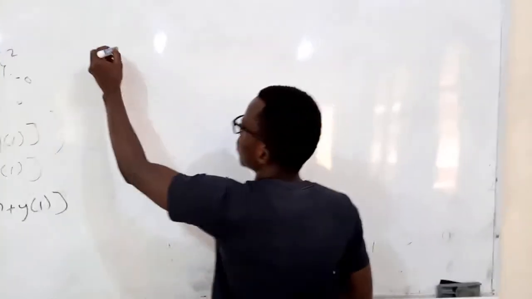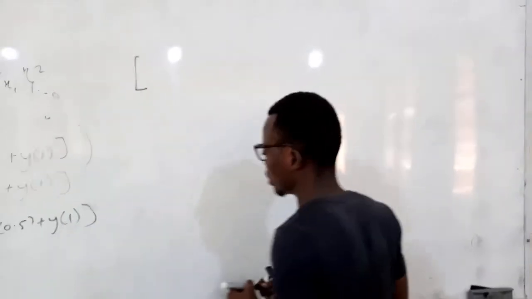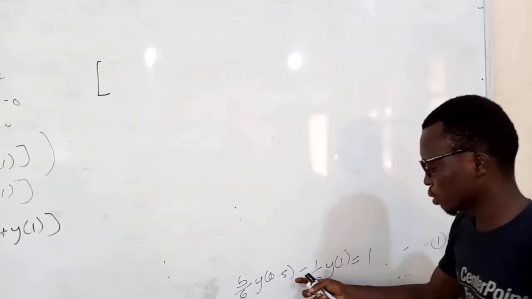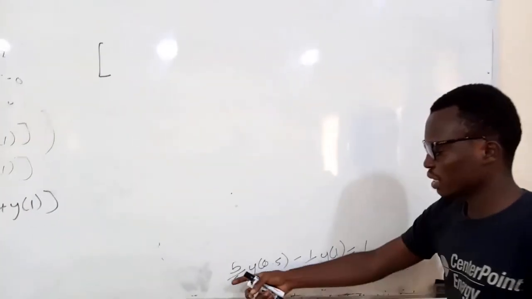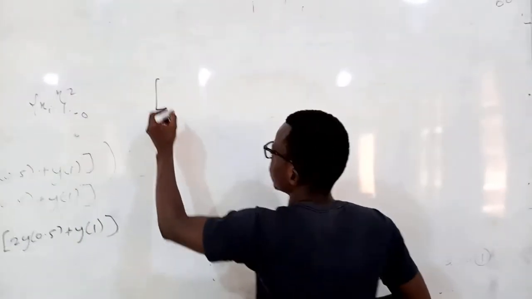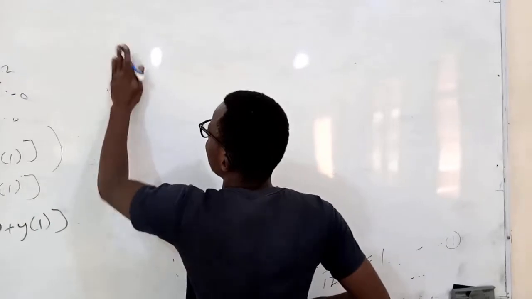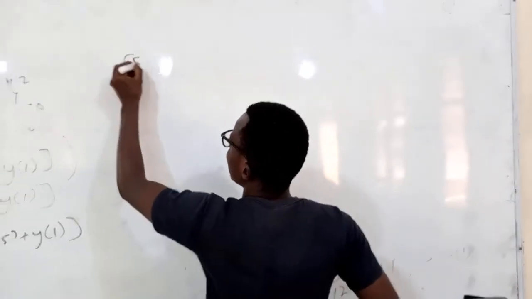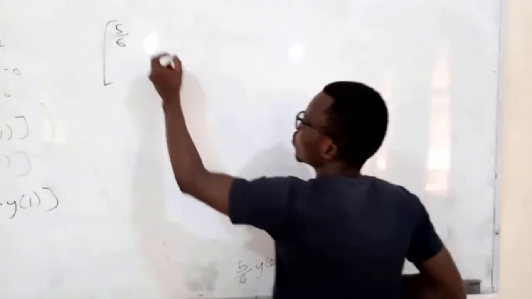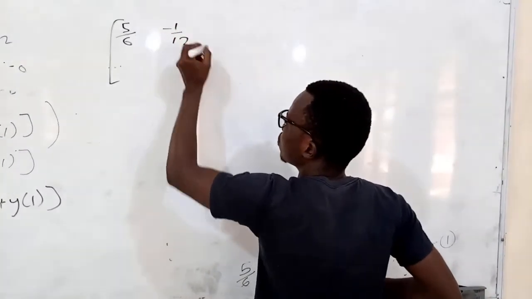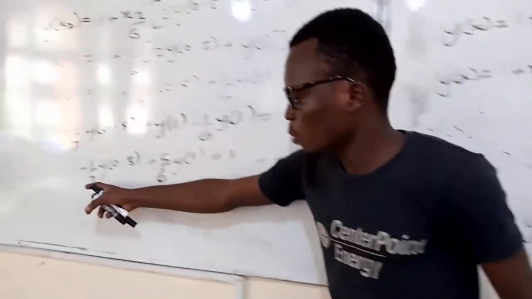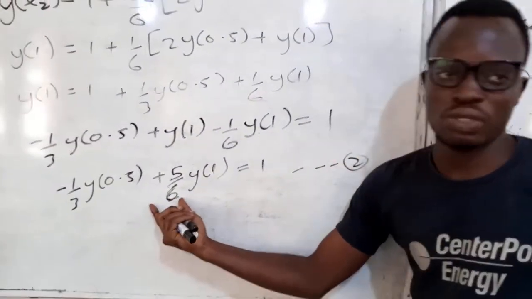In matrix representation, we have 5 out of 6, then minus 1 out of 12, then minus 1 out of 3 and 5 out of 6.